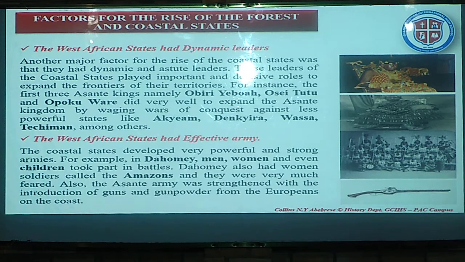And so they were able to protect their territory, and that aided them to rise. They were able to maintain their land and their status quo. Look at these states, Achem, Denchira, Wassa, and Co. They were not powerful. That is why they didn't have good standing armies or effective armies, and that is why they lost their lands and the Asantes took over. So if you have an effective army, nobody can come and conquer you. And in Dahomey, everybody took part in battle.